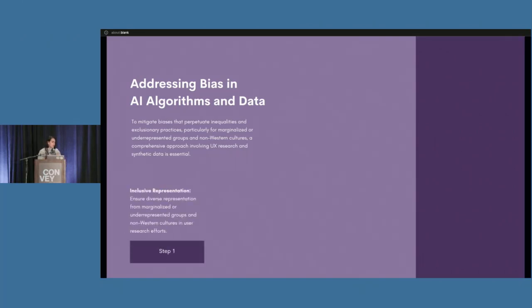What we can do as UX researchers or UX professionals is that UX research is fundamental to this entire process. We need to have a good understanding of the diverse representation of different groups in the UX research. It's on our shoulders to say whether the data training our models is actually representative of the diversity of the world.